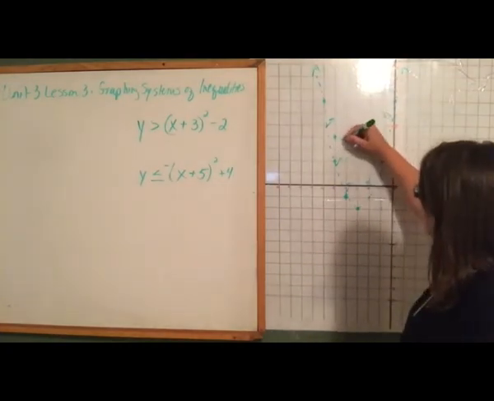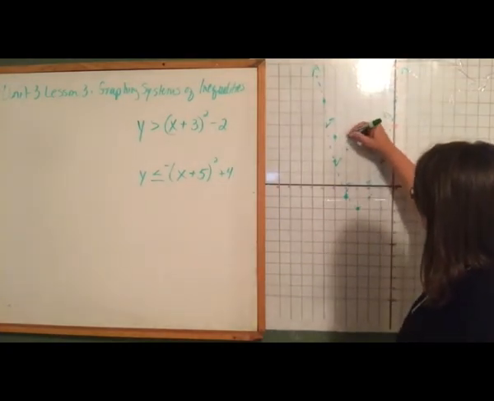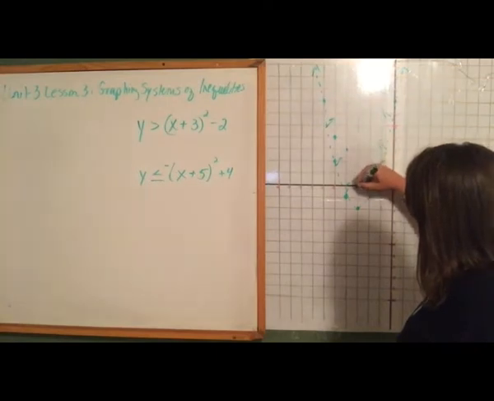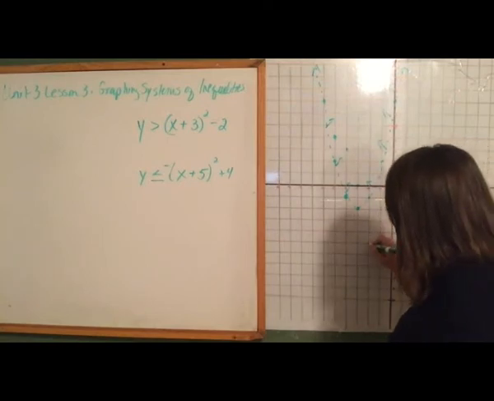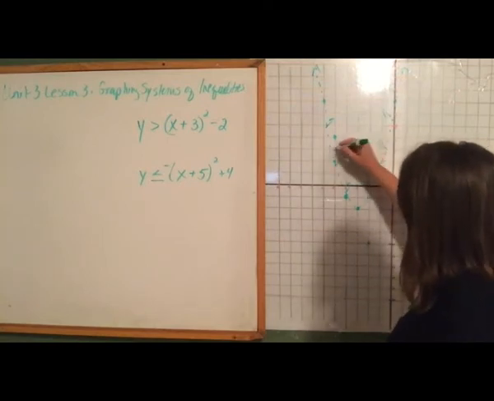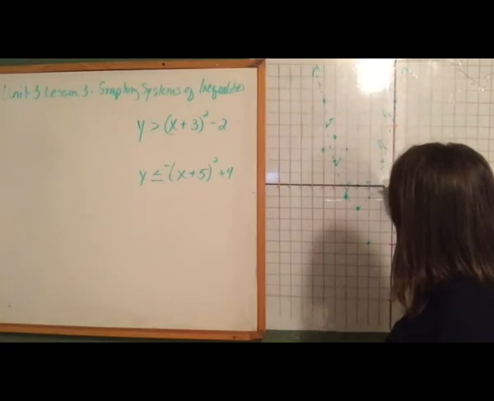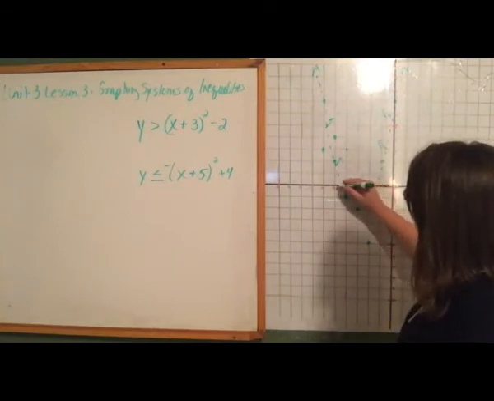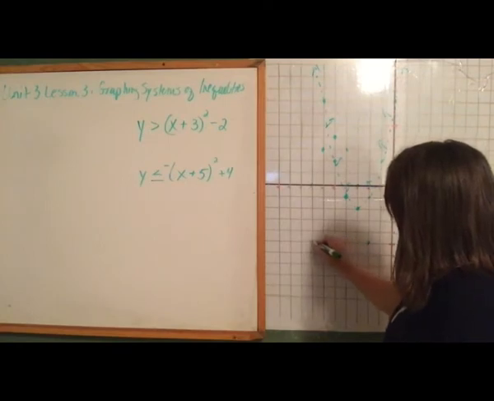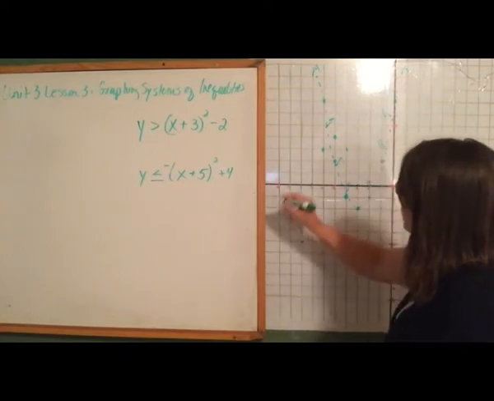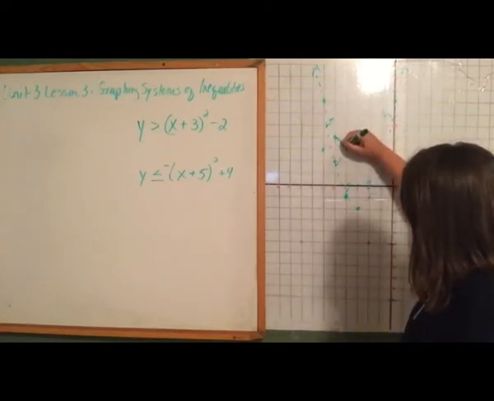And then I move right 1, down 1, right 2, down 4, right 3, down 9. And I use symmetry to get the other side. This one will be solid.